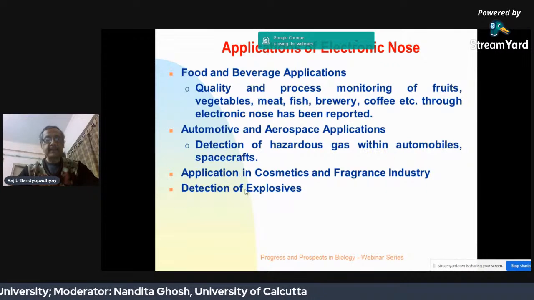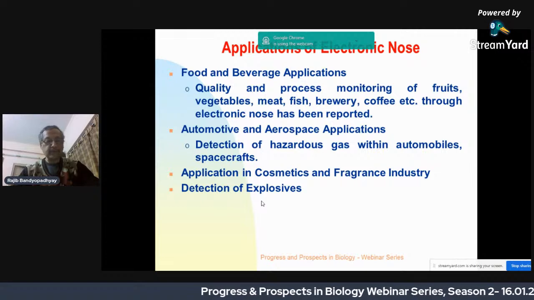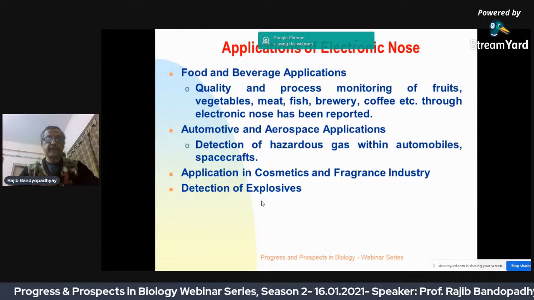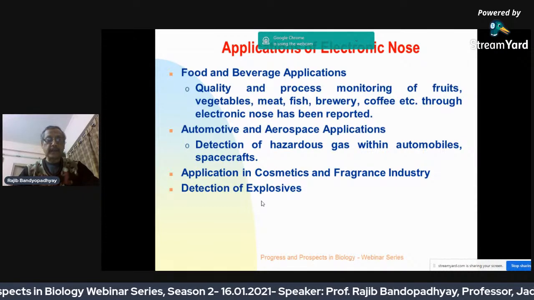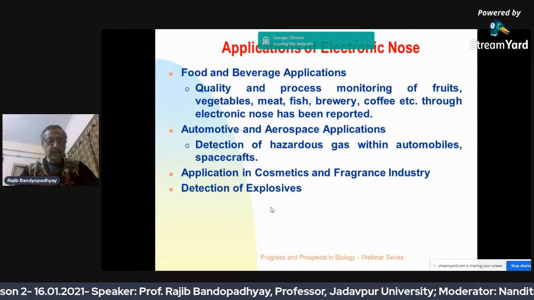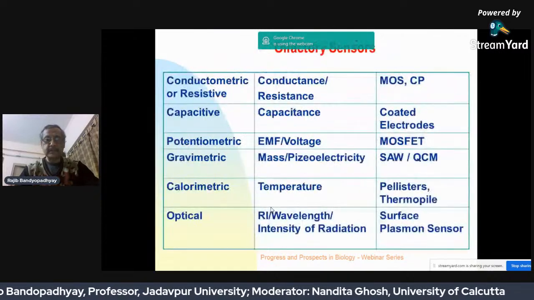And another application area is the cosmetics and fragrance industry. In this way, France is a pioneer, and there are a number of manufacturers in France for electronic nose, and they're regularly using this electronic nose for fragrance industry and wine industry. Detection of explosives is not really very successful so far on electronic nose, although there are some researches.